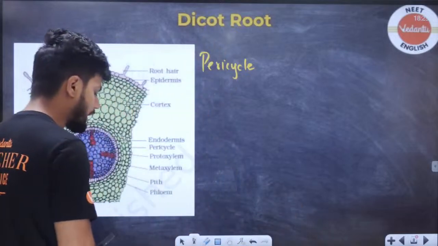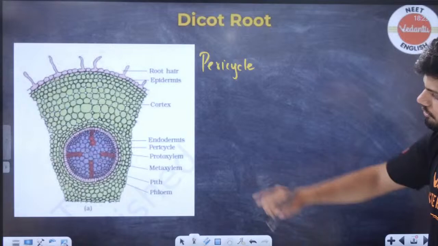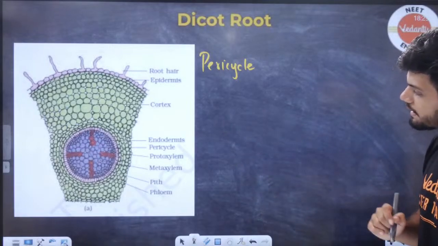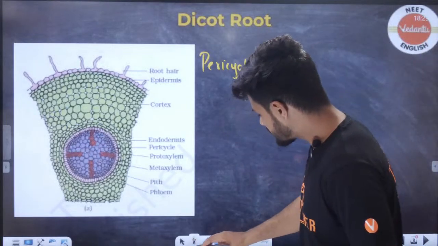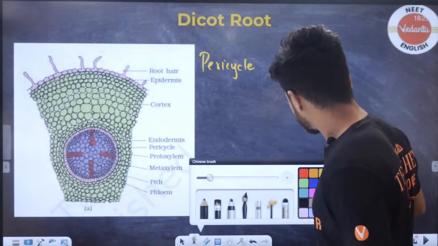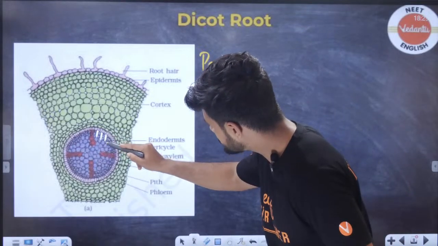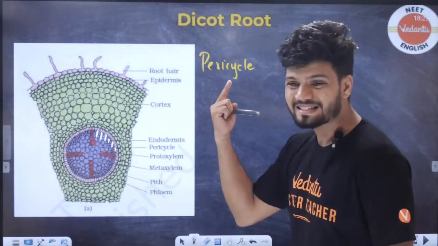Now tell me, students, is the pericycle a few layer or a single layer? Look at the diagram and see this pericycle right here. Can you see it is a few layer, not just a single layer?